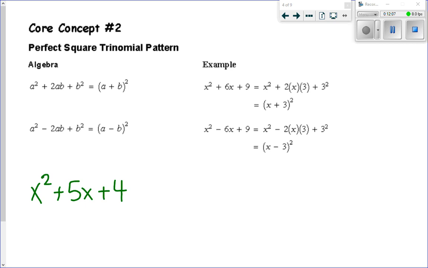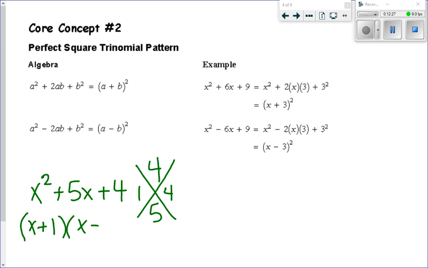This is our magic number, sorry. We've got 4. So what two numbers, 5 down here, what two numbers multiplied together, when added together equal 5? Well, we know that's going to be a 1 and 4. So we've got x plus 1 and x plus 4.